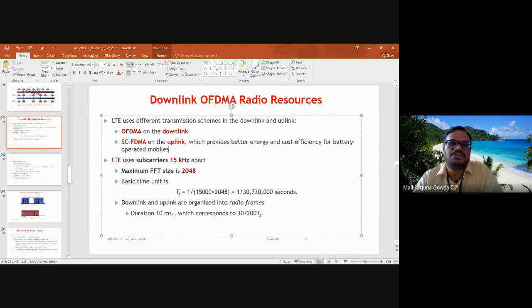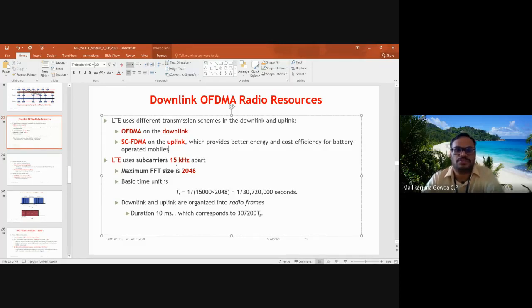In addition to that, there will be some amount of guard band, around 10%. If 20 megahertz is the bandwidth, 10% of it, around 2 megahertz, is used as a guard band, and the other 18 megahertz is used for transferring the information.